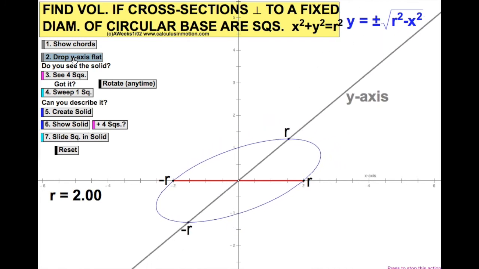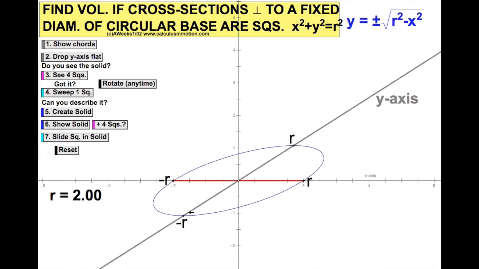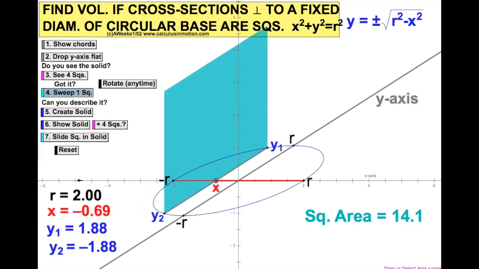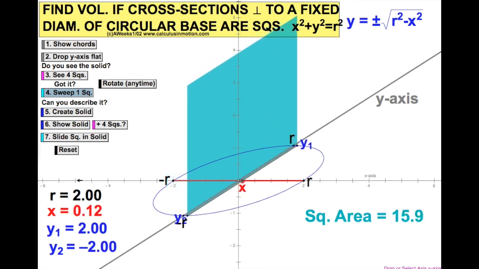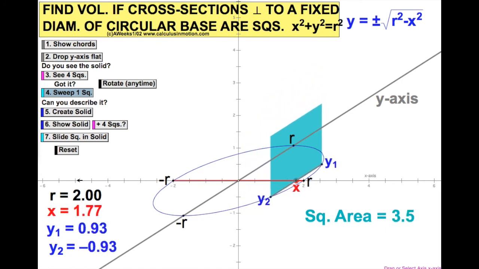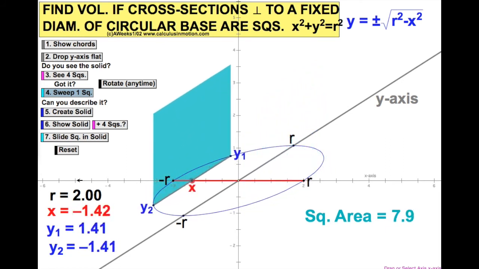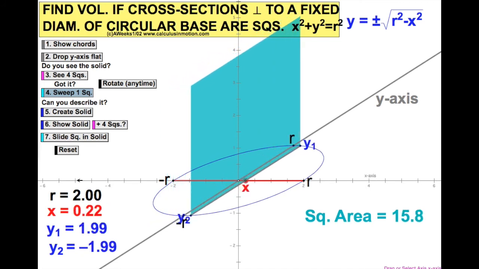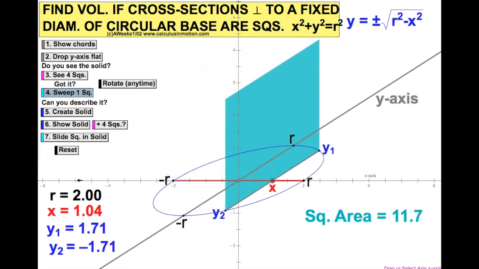So we drop the y-axis like that, and let's imagine that for any value of x we create a square in 3D. I'll sweep the square so that we can see how these squares are created, and if we look at all of these squares together, it forms a volume. We're going to add the area of these squares, infinitely many, that have a thickness of dx.